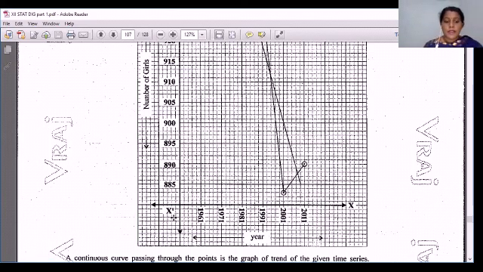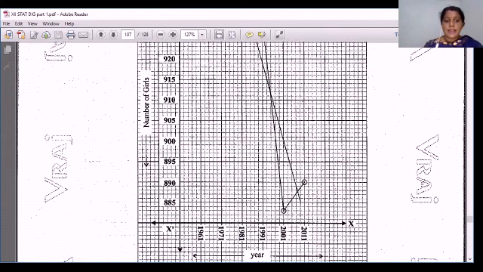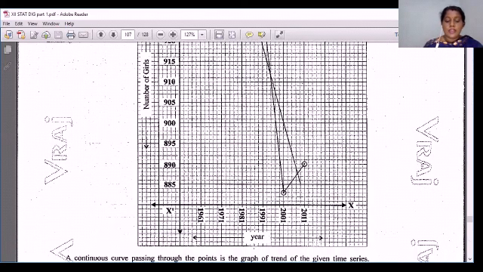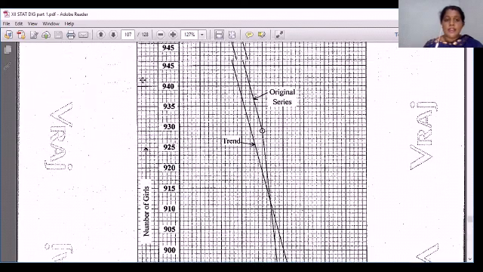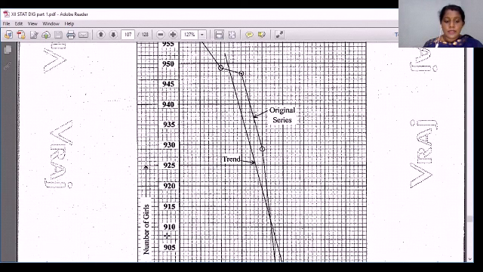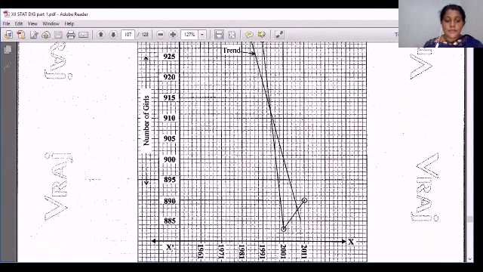Here you write 0, x, and here y, the number of girls. It is necessary to write this. See, the minimum value is 883, so they have used approximately 885.